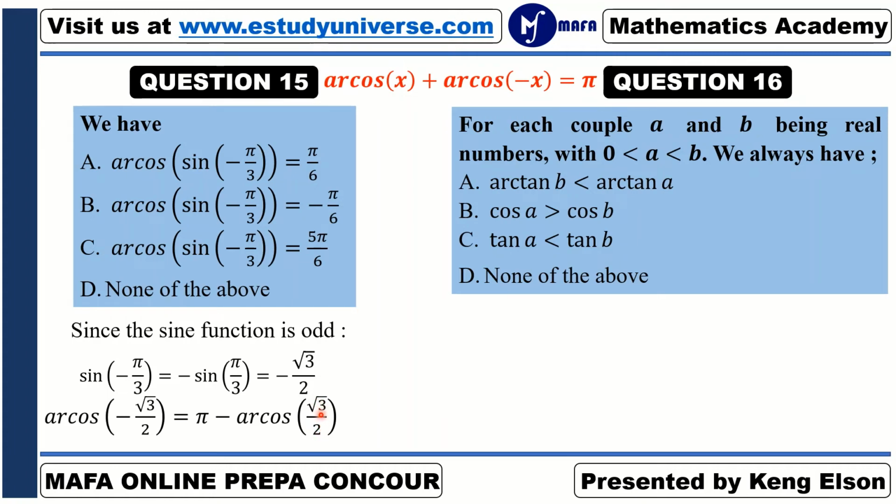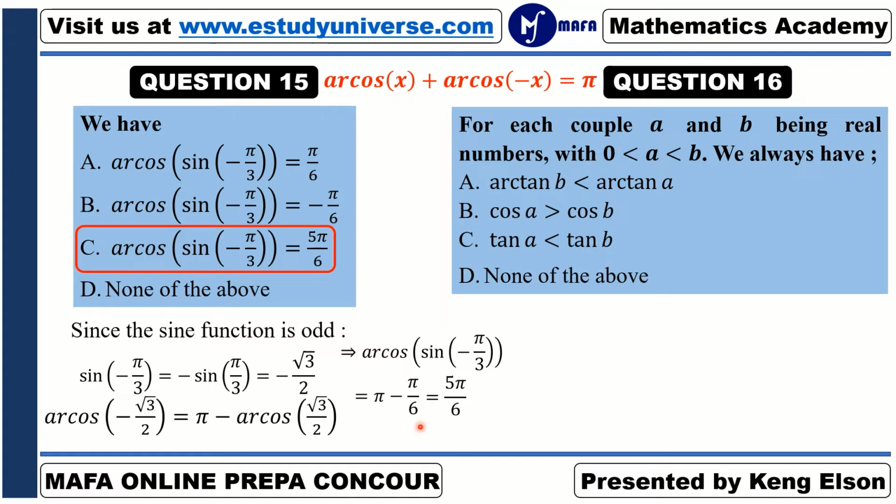The cos inverse of root 3 on 2 is an angle whose cosine is root 3 on 2, and that angle is 30 degrees, which is π/6. So the cos inverse of sine of negative π/3 is π minus π/6, which is 5π/6. So option C is correct.